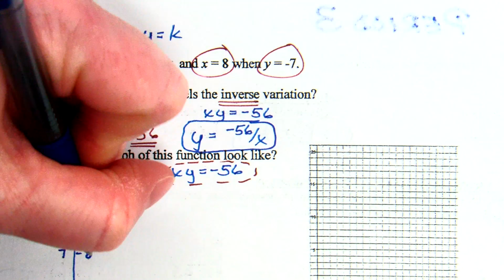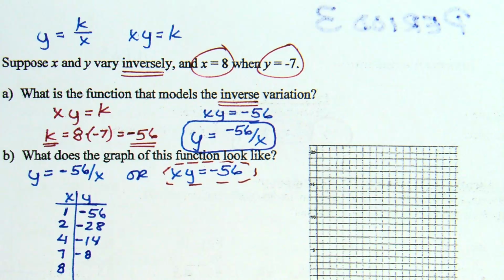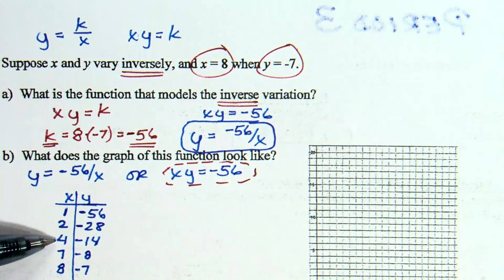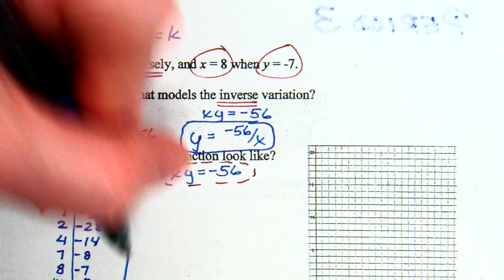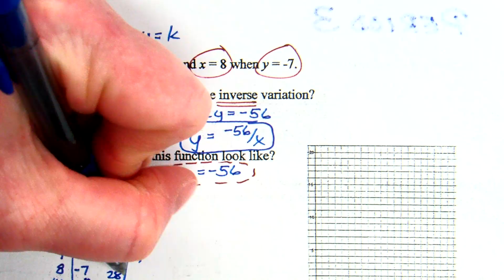Negative 8. What about 8 then? Now we're at the point that we are reversing our pairs, yes? So if 8 and negative 7 works, the next pair that I'm going to reverse: 14 and negative 4. And I'm going to have to reverse 56 and negative 1, 28 and negative 2.